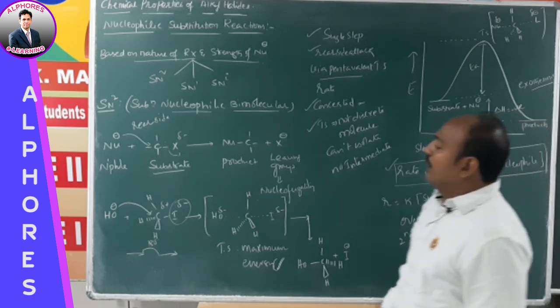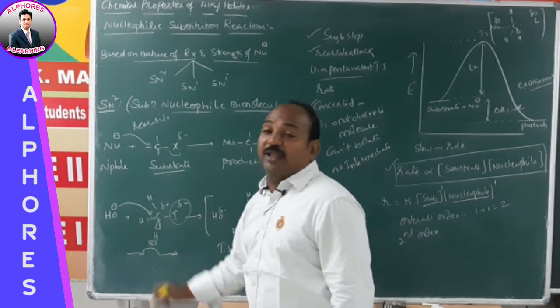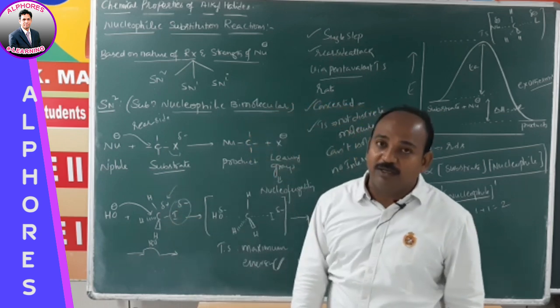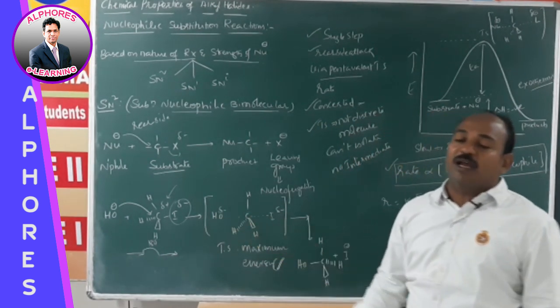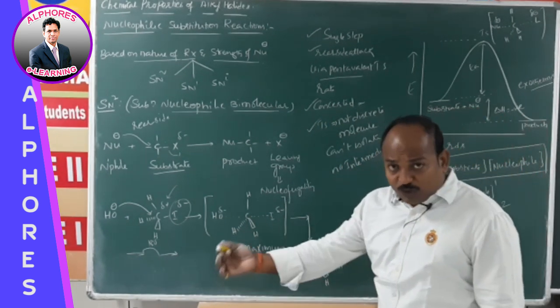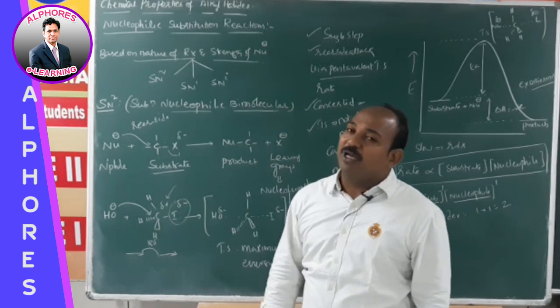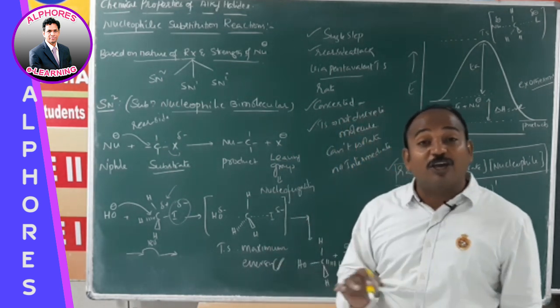Now, when OH minus approaches the leaving group containing carbon, this carbon is also called the electrophilic center. This electrophilic center facilitates the attack of the incoming nucleophile. In order to facilitate that, the electrophilic center must possess less hindrance, less crowding.